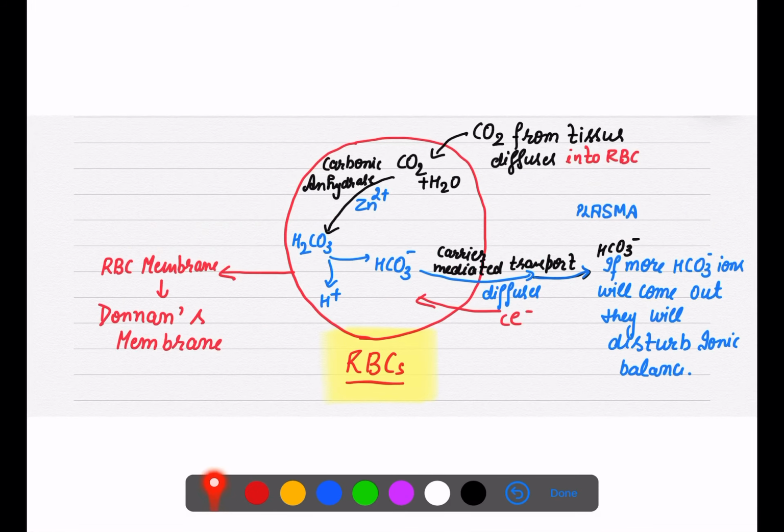Let's see that this is our RBC, and the outer side is the membrane of the RBC, which is known as Donnan's membrane. Tissues are undergoing metabolic processes and releasing CO2. This CO2 from the tissues is diffusing into the RBC.